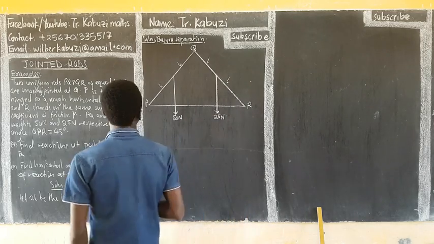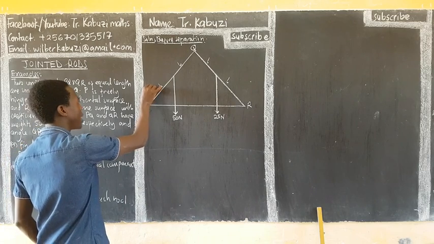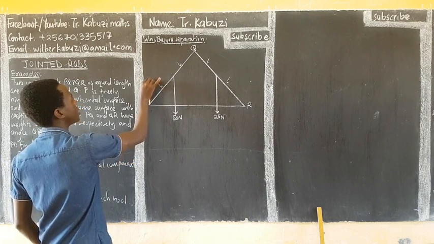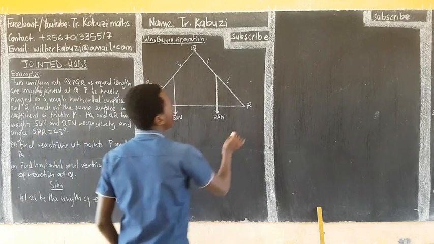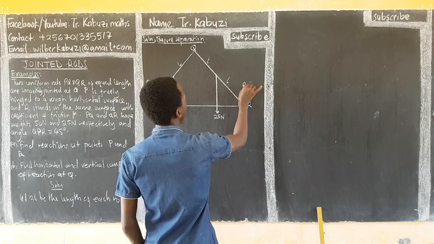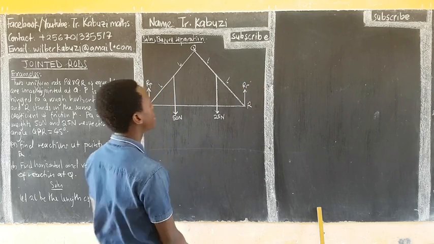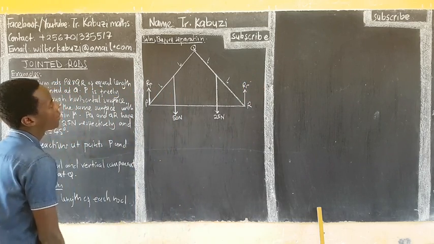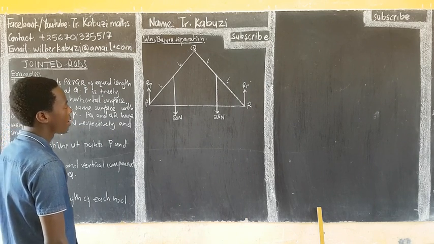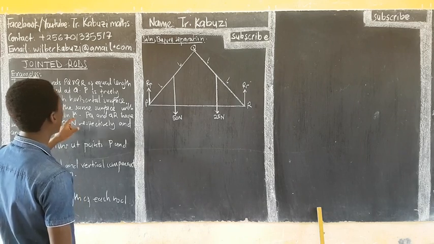Because they are resting on the surface, we expect contact, and the contact results in a reaction. So we have reaction at P here, and here reaction at R. Now the surfaces are rough, and the coefficient of friction is mu.